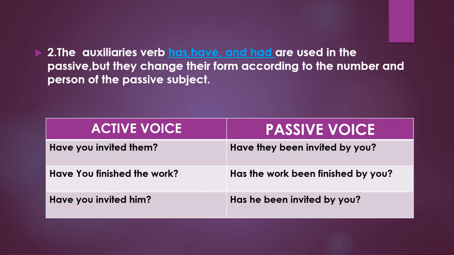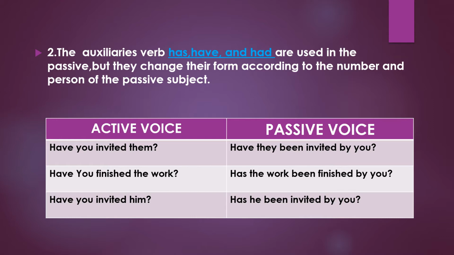It becomes, have they been invited by you? So here have remains have because the subject is they. And we know that with you, they, and I, we use have only. So just because the subject here is they, we will use have here.